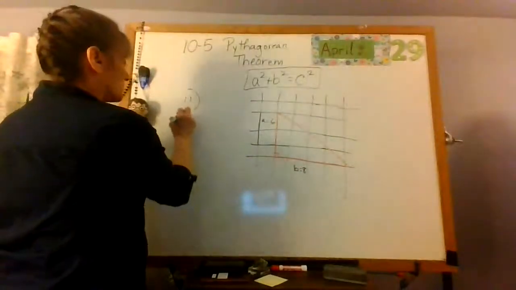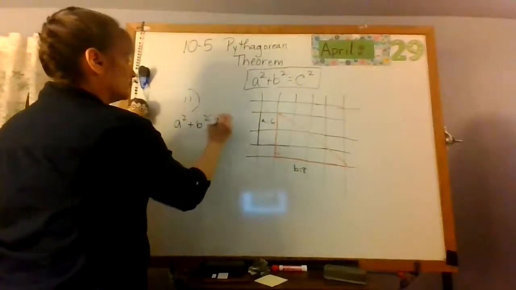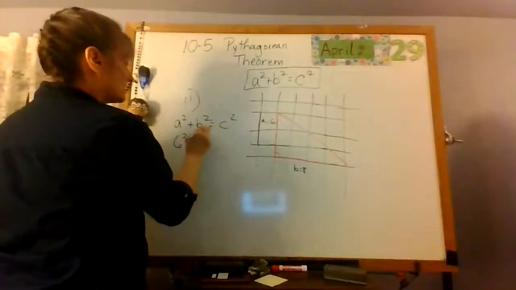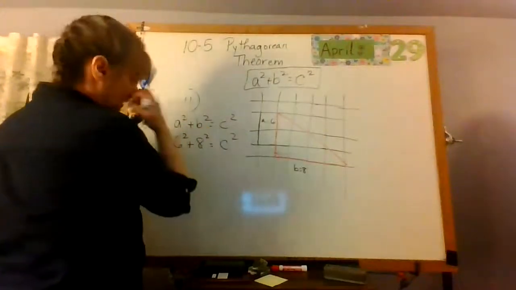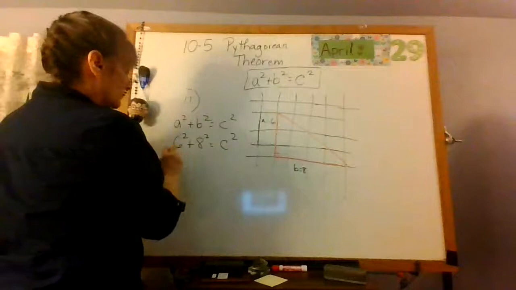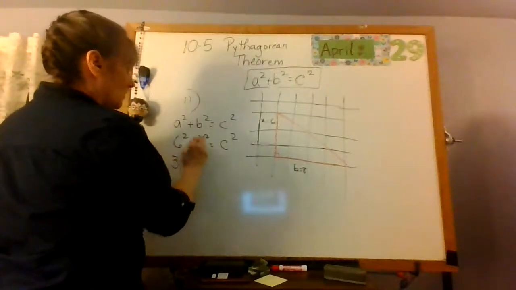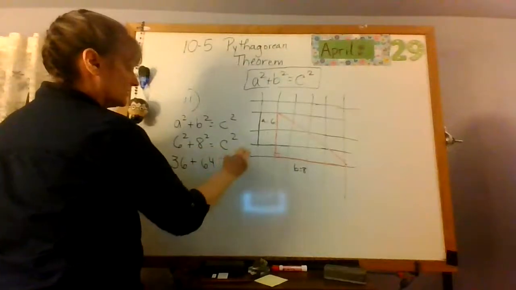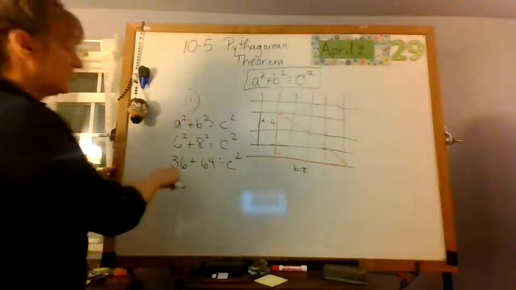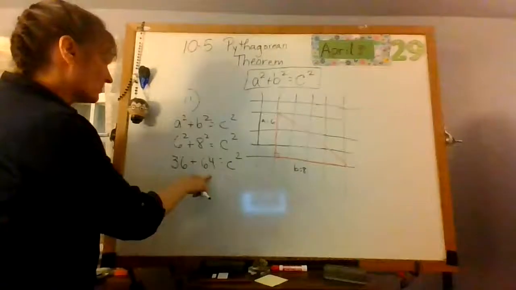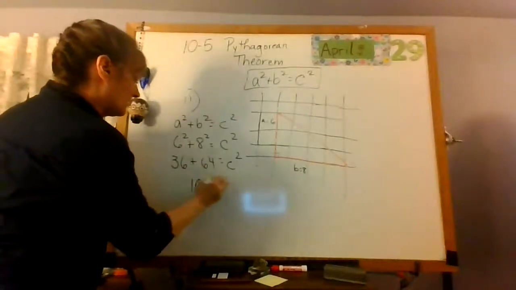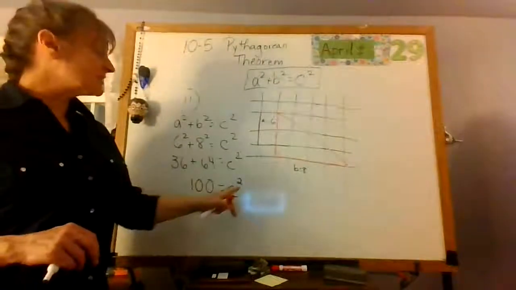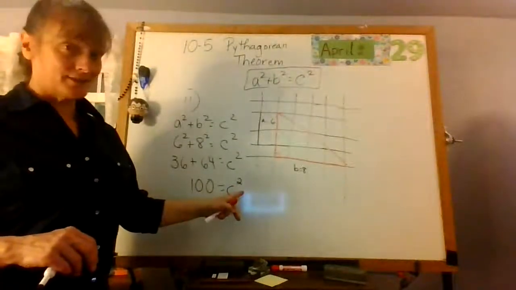So let's figure out what that would be. I'm going to do a squared plus b squared equals c squared. So I have 6 squared plus 8 squared equals c squared. What's 6 squared? 36. Plus, what's 8 squared? 64 equals c squared. Okay, 36 plus 64 is 100. Now, be careful you don't think this is your answer. That's what c squared is, right?